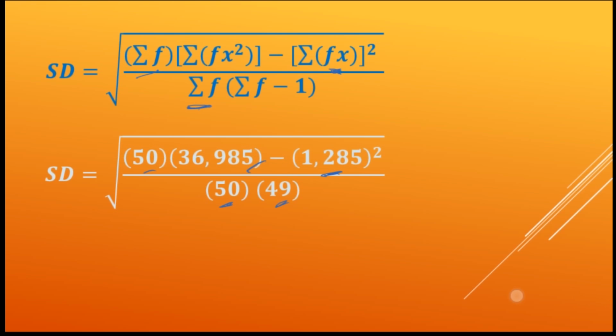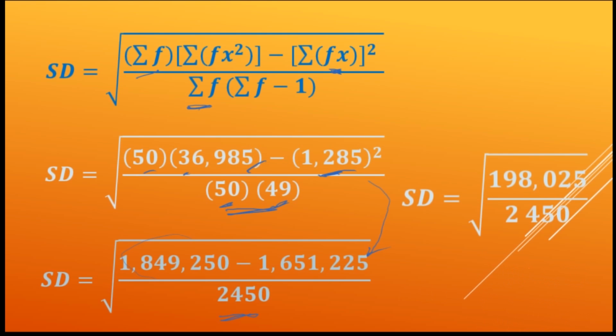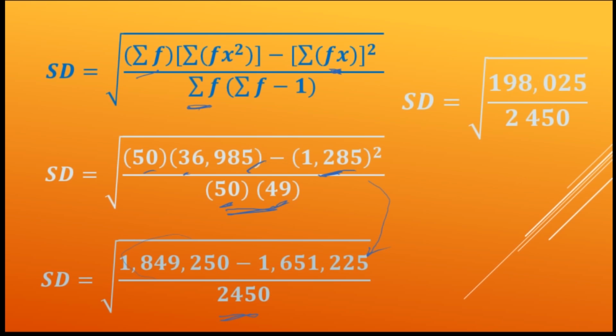After that, simplify it. 50 times 36,985, we have this value, and squaring 1,285 will give us 1,651,225. And the product in the denominator is 2,450. After that, let us simplify the numerator of the fraction, and we will get 198,025 divided by 2,450.